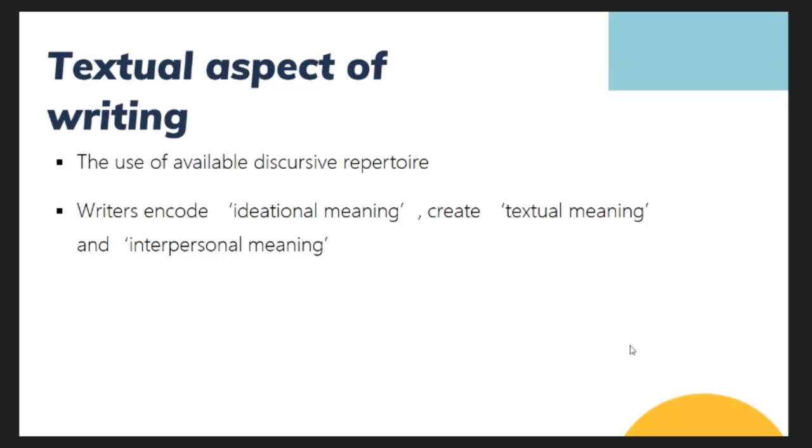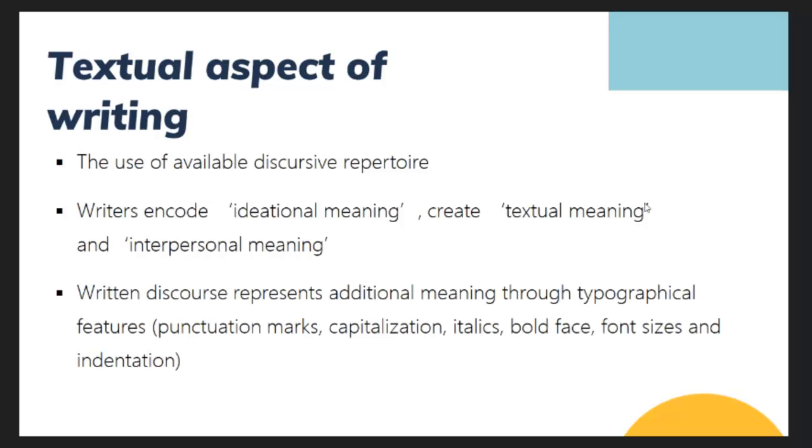The writer has to show the meaning of their ideas, also create the meaning so that the reader can navigate in the text, and also the meaning about the relationship between the reader and the writer. Also, the text can have additional meaning through typographical features like this one on the slide.